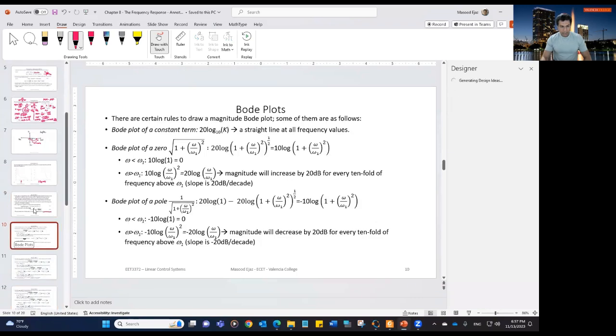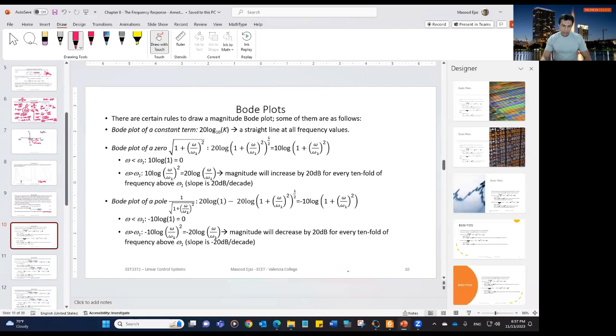As I said, these are approximate plots. That means we'll have to do some approximations. So, different conditions.